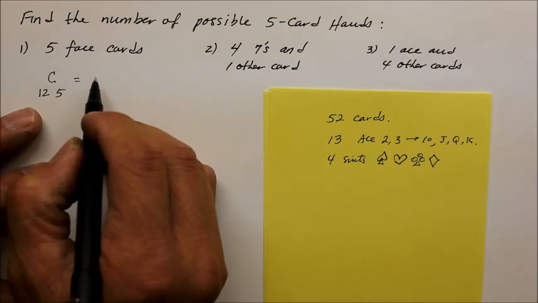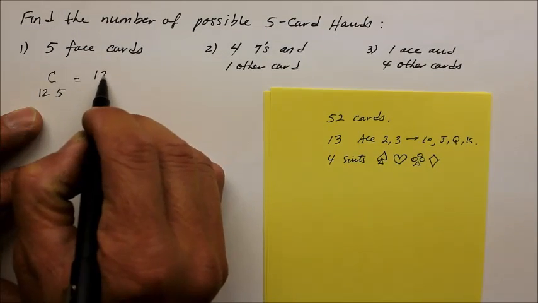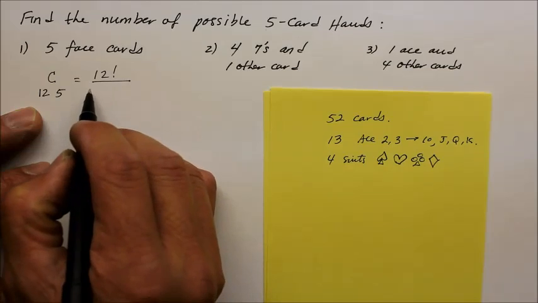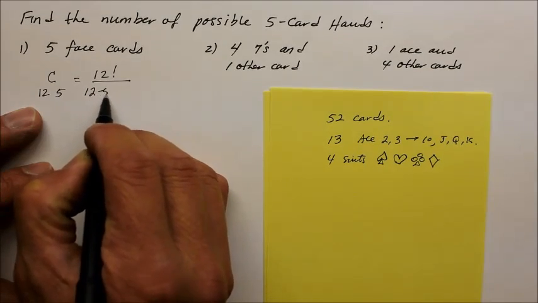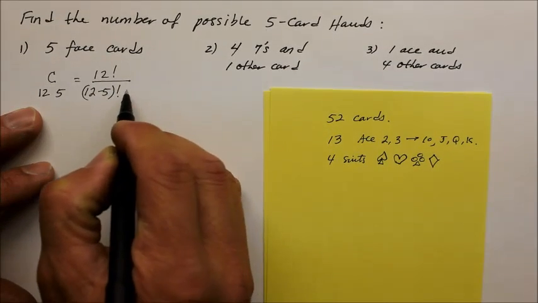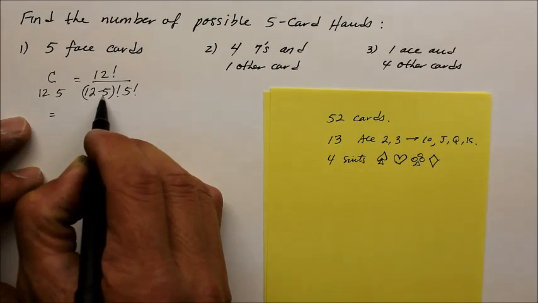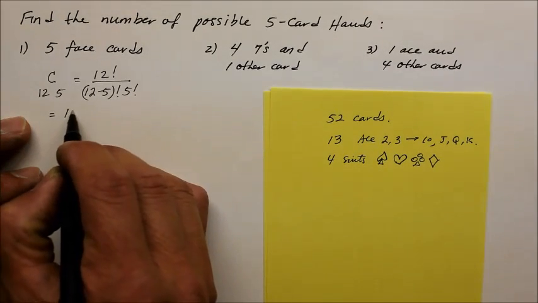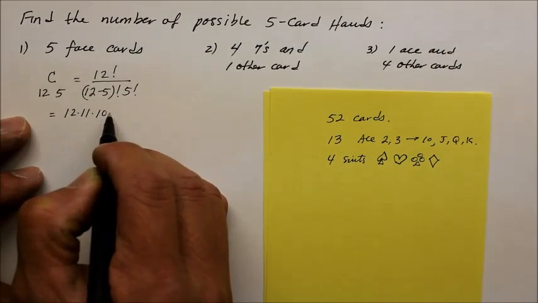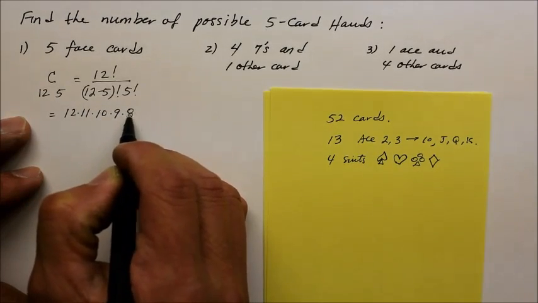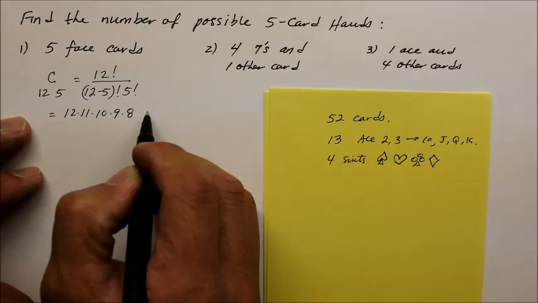The way we set up the factorial is 12 factorial over 12 minus 5 factorial times 5 factorial. So 12 minus 5 is 7. This is like saying 12, 11, 10, 9, 8, and I'm not going to do 7.